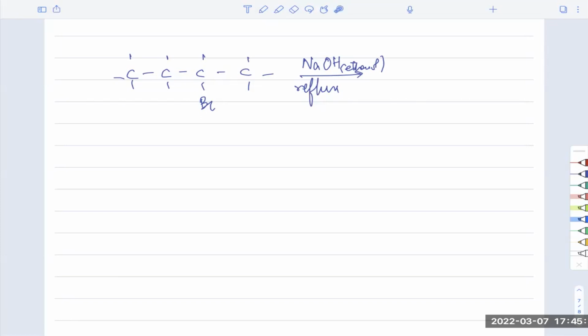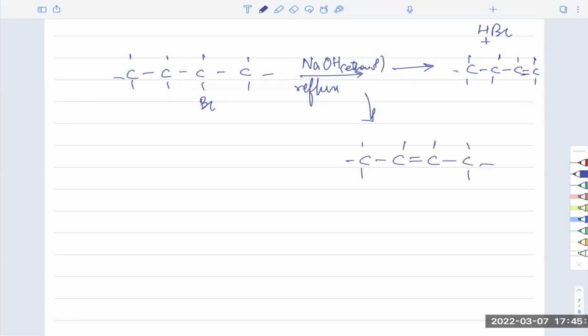One option is that I will remove bromine from here and hydrogen from here, and that will give me the double bond on the first and second carbon, and I'm left with this compound. Obviously the byproduct is HBr. Another option is that I could remove this bromine and the hydrogen from the adjacent carbon. So that gives me this, where the double bond is on the second carbon. They're both butene, but one is but-1-ene and the other is but-2-ene.